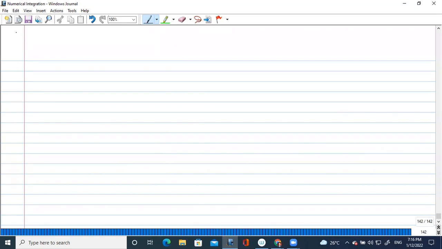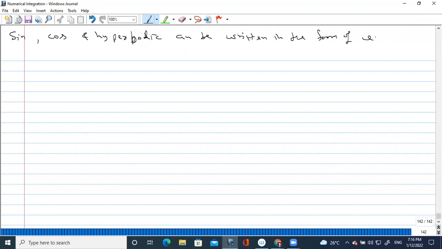Now one more thing you can do: sine, cos, and hyperbolic functions can be written in the form of exponentials and solved.